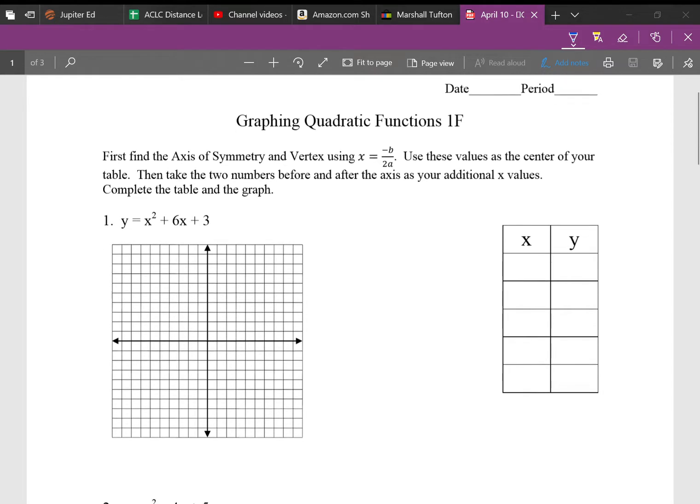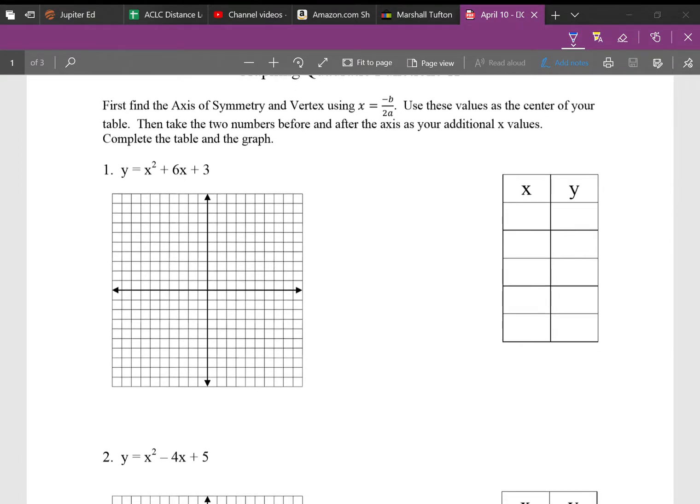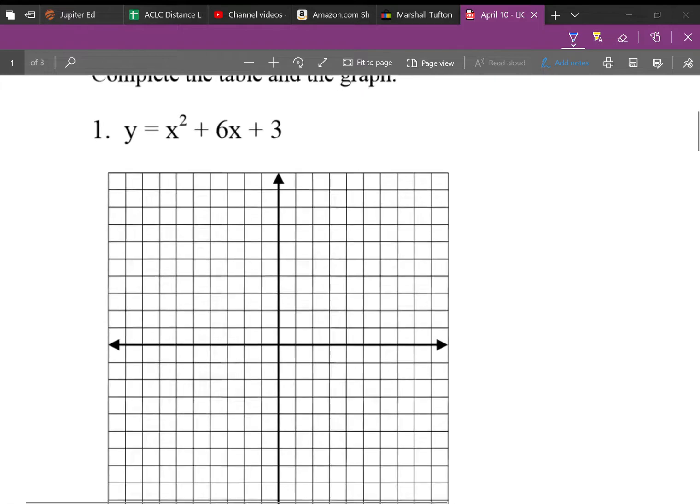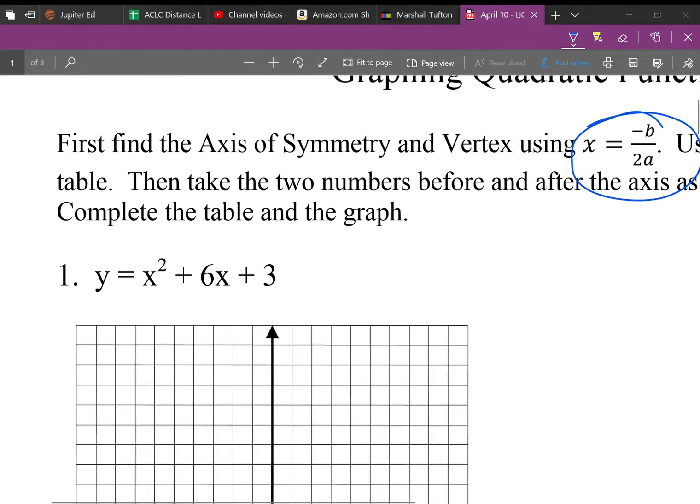Again, same thing we started with yesterday. We're going to find the axis of symmetry and the vertex. And here I do have that little formula for you. X equals negative b over 2a. So let's go ahead and identify A, B, and C. Here A is 1, B is 6, and C is 3.